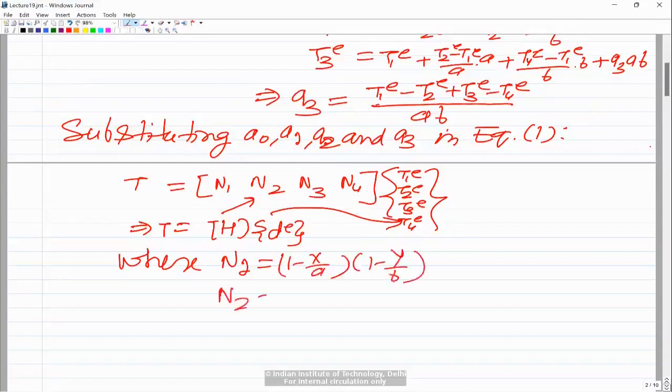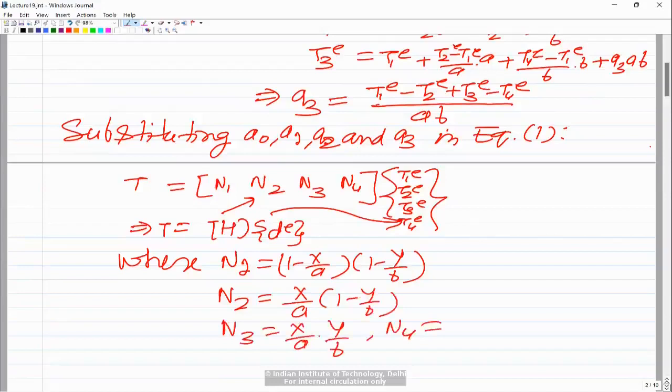I will also explain how to directly write these shape functions. N2 would be x upon a into 1 minus y upon b, N3 would be x upon a into y upon b, and shape function N4 would be y upon b into 1 minus x upon a.